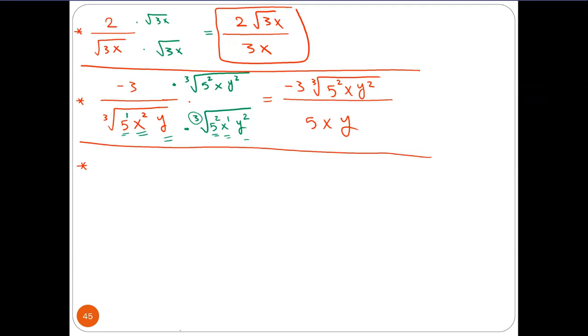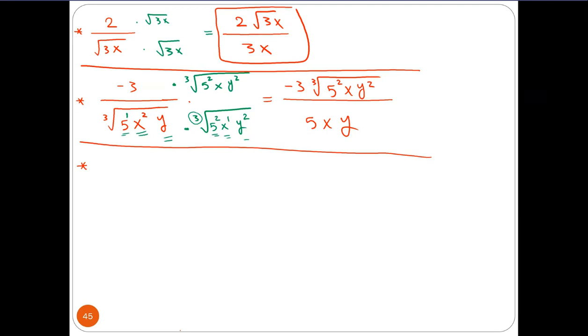خلينا نحكي الأشياء المهمة. نيجي هنا، إذا هذا في حالة سكوير روتس والكيوب روتس، فنكون حذرين في الكيوب روتس. يعني if we have, must be the sum of exponent of x equal 3, the sum of y equal 3, the sum of the numbers equal 3, and so on.